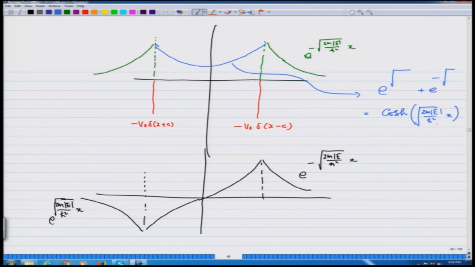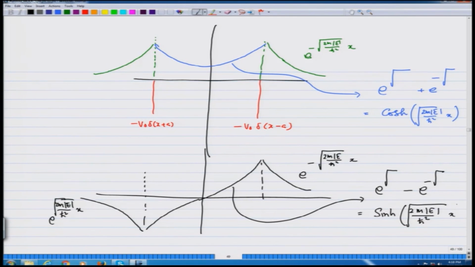And the lower case is going to be an antisymmetric combination. So, it is going to be e raised to square root of this whole thing minus e raised to minus square root of this whole thing, and this is going to be sine hyperbolic of square root of 2 m mod E over h cross square, x.